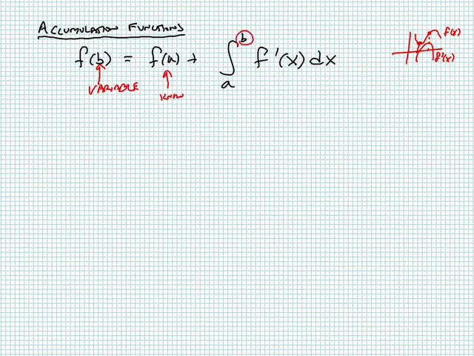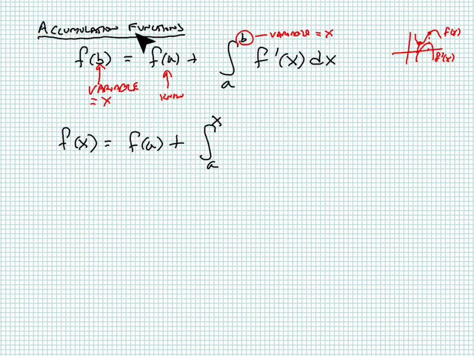This b is also going to be a variable, and I want that variable to be equal to x in both cases. So I'm going to just change b to x. I've got f of x equals f of a, plus now my integral goes from a to x. But the only problem is that if I make this upper limit x a variable, then I've got these x's here, and this can lead to confusion between this x and this x.